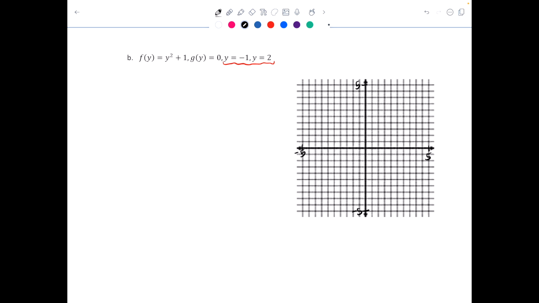And then we have y equals -1 as one of our lines. Whoops, do that in red. And we have, so that one's y equals 1. And then we have y equals 2.